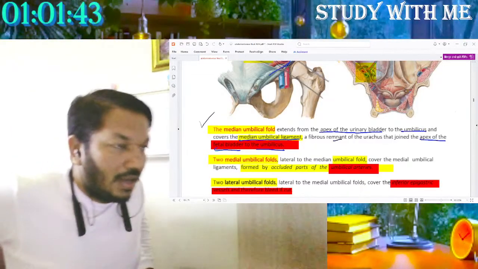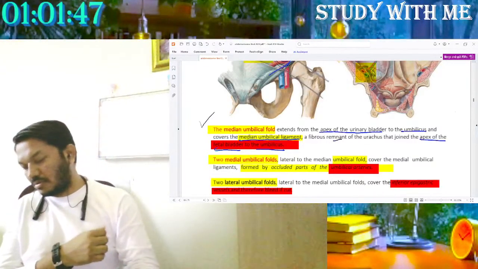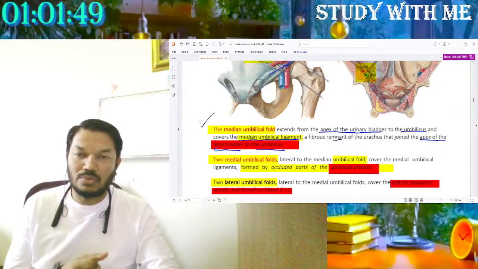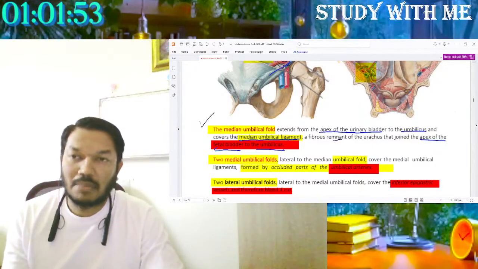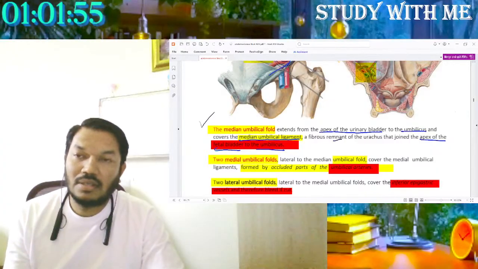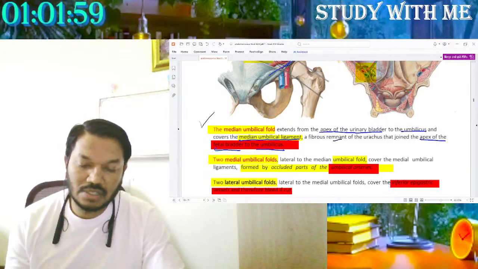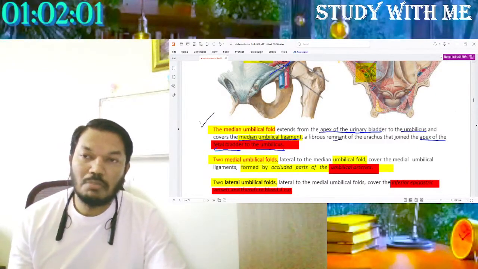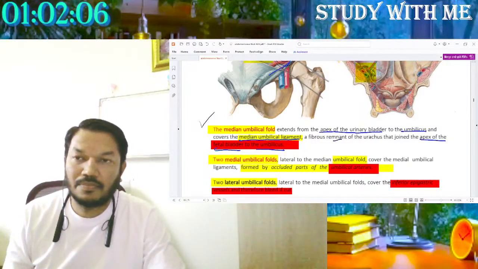Usually after the birth, this umbilical fold obliterates, but sometimes it persists, and that's why in some children we see that when they pass urine, some urine used to come through the umbilicus. Have you seen any of this type of patient?